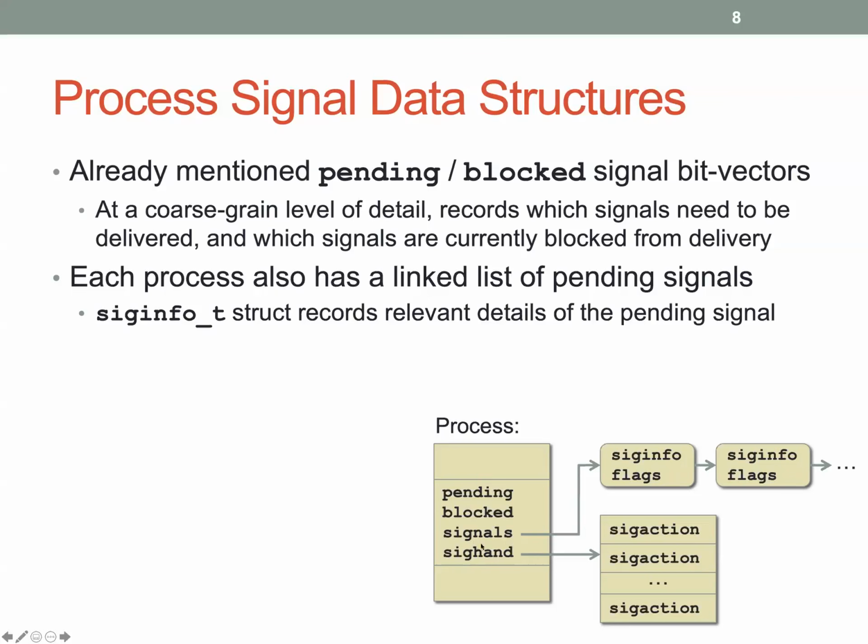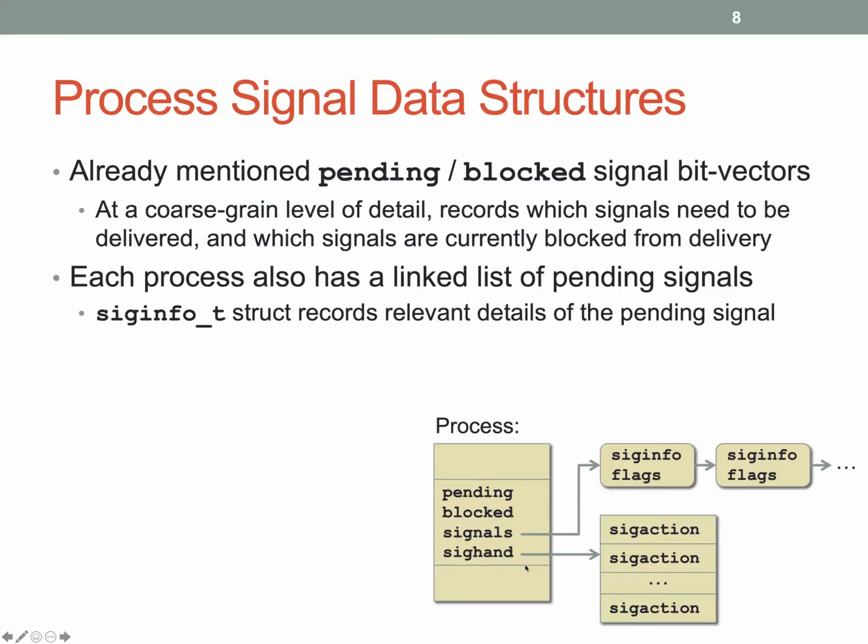We have a signals linked list, which is actually a list of the signals pending delivery. So we actually have some linked lists that we just queue up signals on for delivery. And this is for a couple of reasons. And then we also need to know how the process has requested that signals be handled.